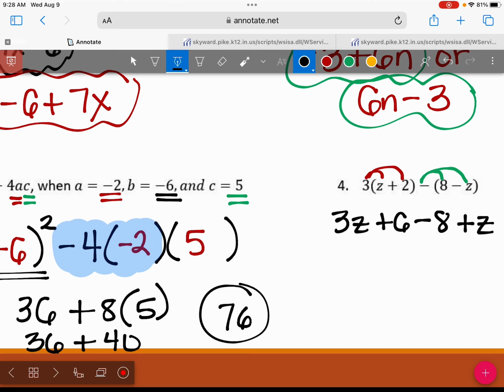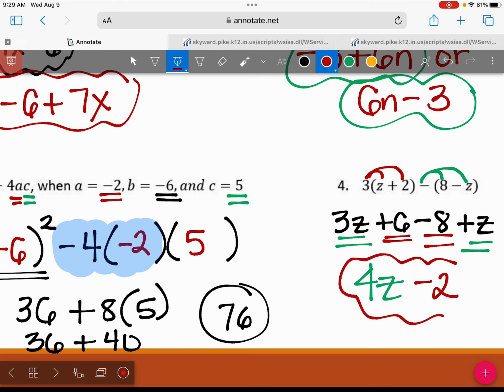So 3z plus z, because these are like terms, that's going to give you 4z. And then 6 minus 8 is negative 2. All right, who had that for their answer for number 4? All right, good job.